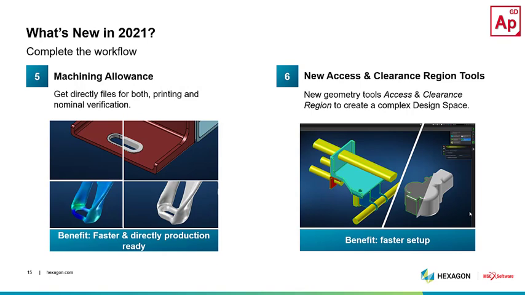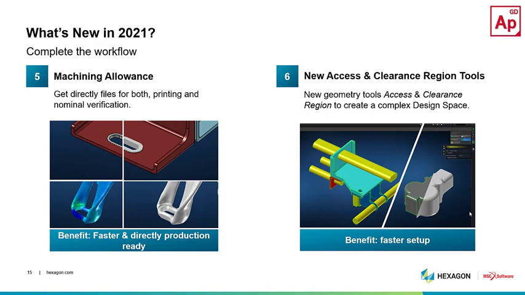Okay. The next thing is machining allowance. Think about it like this: you do an optimization inside of Apex Generative Design, you send it to the 3D printer. The 3D printer prints it. Let's say you printed it out of a very expensive metal alloy. And then you take it to the machine shop, and the machine shop says, well, actually, I have to shave a little bit off this top in order for the fasteners to fit flush. Well, maybe you didn't optimize it, taking that extra material into account.